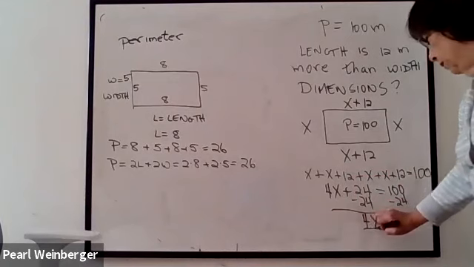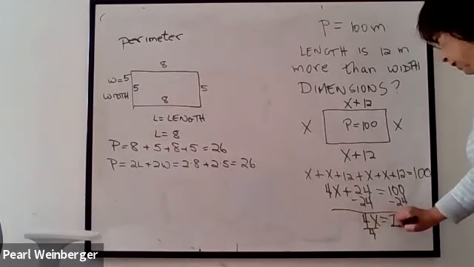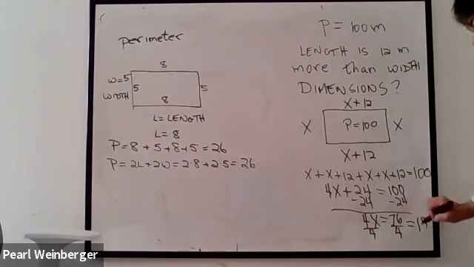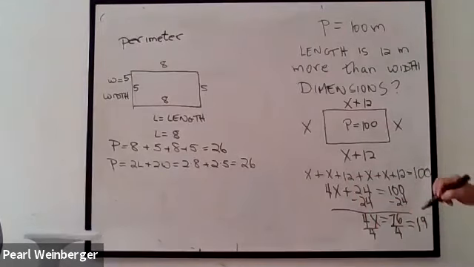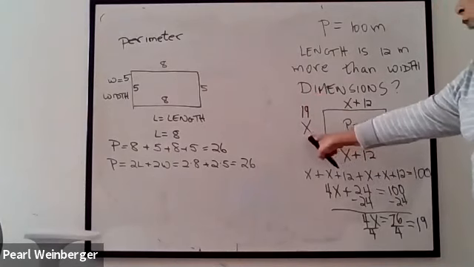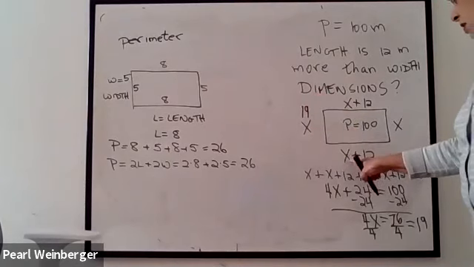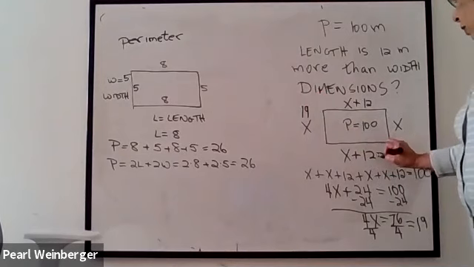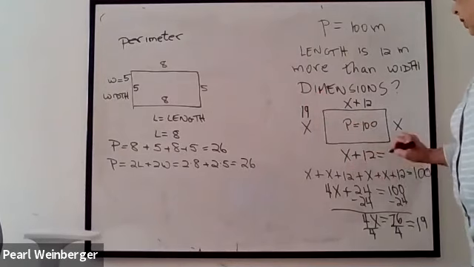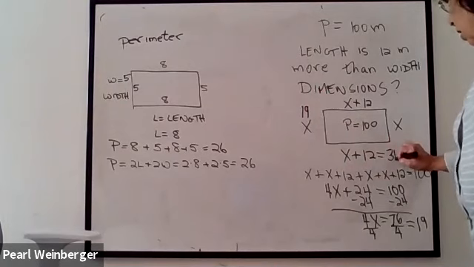And then I have to divide both sides by 4. It's a regular equation. And 76 divided by 4 gives me 19. I'm using my calculator, which means that x is 19. That's the width. And the length is x plus 12, which is now 19 plus 12, which is 31.